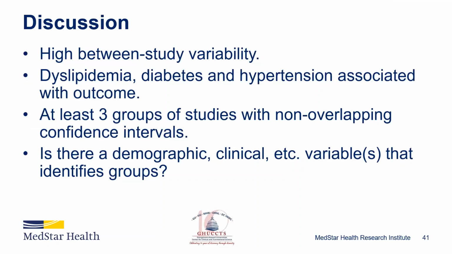So is there an explanation for this? Are there demographic or other clinical variables that identify groups? Or, as they mentioned, there were differences in the definition of their study population. So that probably also contributed to the high study variability.